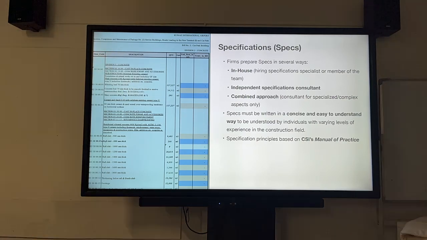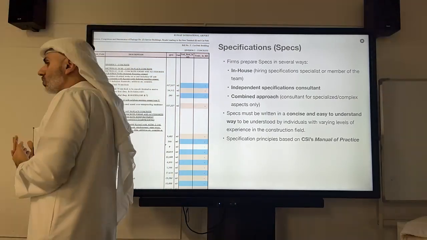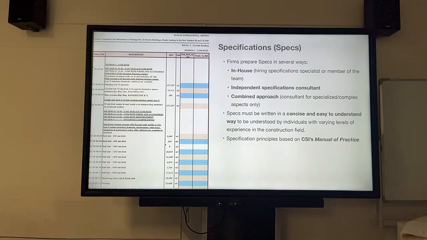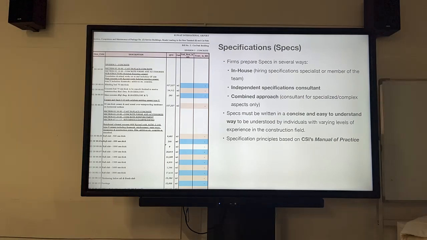So if we're talking about hospitals as an example, what could be specific to hospitals that would require somebody who's specialized in specifications for hospitals? Different doors. Doors, okay, why? Machinery, they're huge. Okay, so some doors you would have to bring in very big machinery.